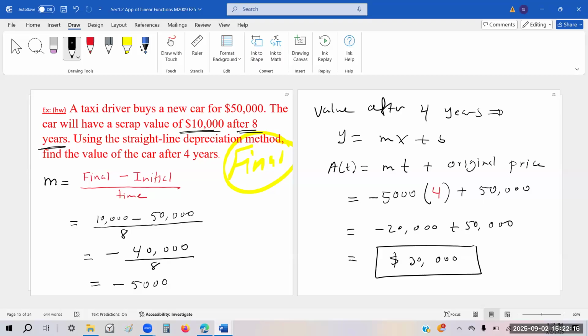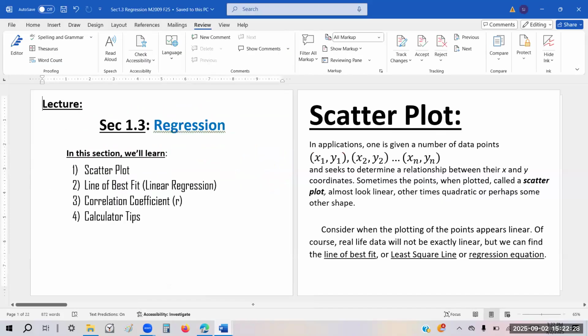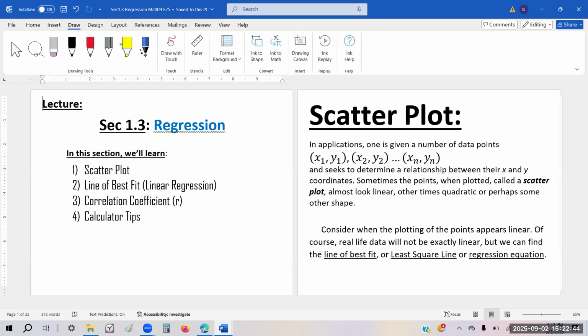Now let's go to learning. Section 1.3. We are going to talk about linear regression, and there will be one question in the final exam from this section.